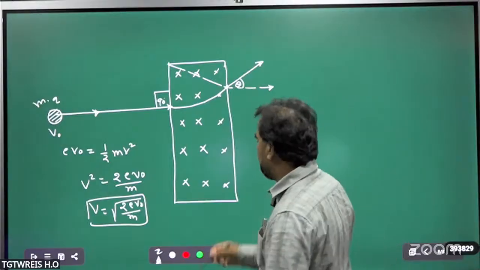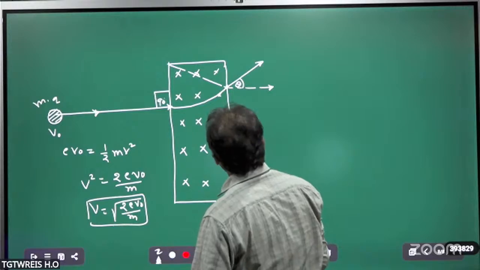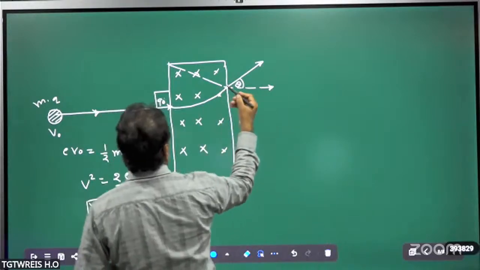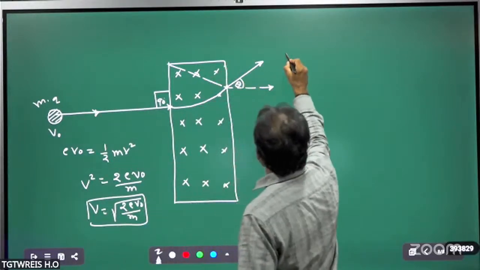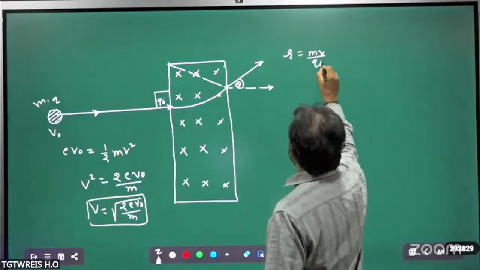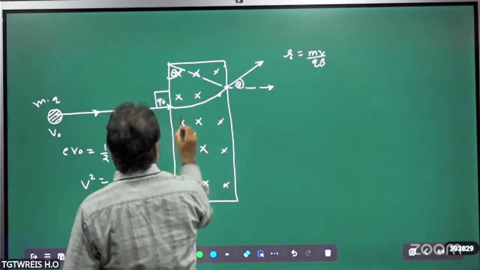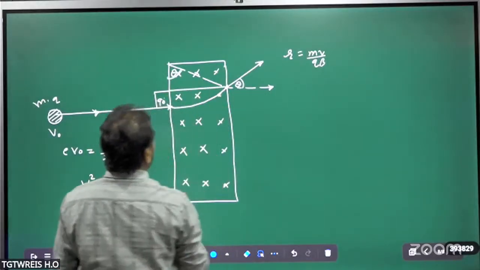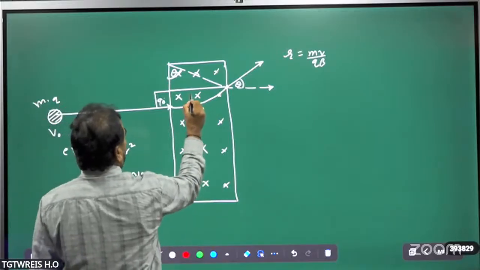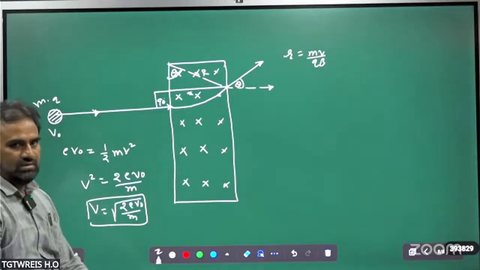Therefore, the radius of the circular path of the charged particle is given by r is equal to mv upon qB, already known. Which is made at an angle of theta. How much distance it traveled, we don't know. Let's take this distance as x and the radius as r.